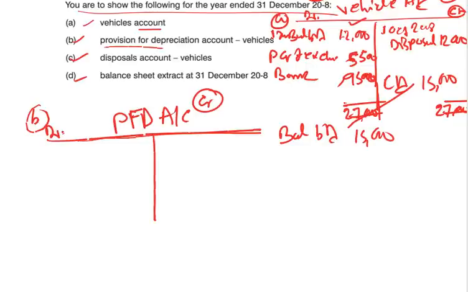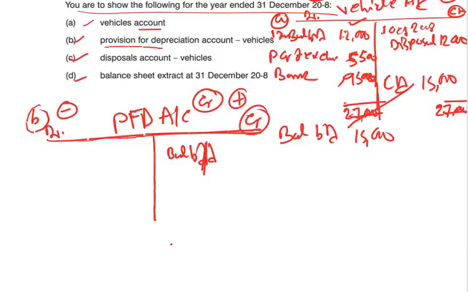All provisions are credit. So if you want to make it go up, it goes on the credit side, and to make it go down, on the debit side. Let me remind you, this is only one account and one asset basically, which we had, and that's the asset we sold now.